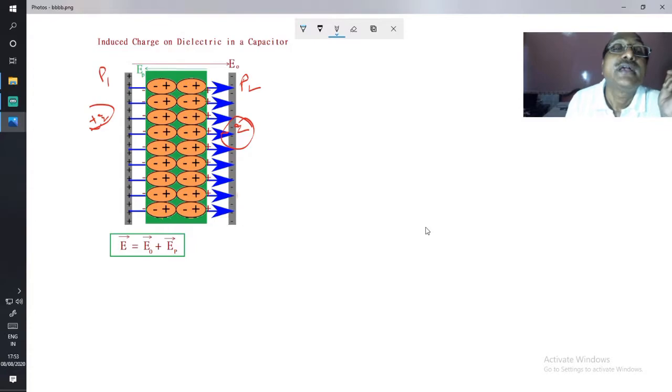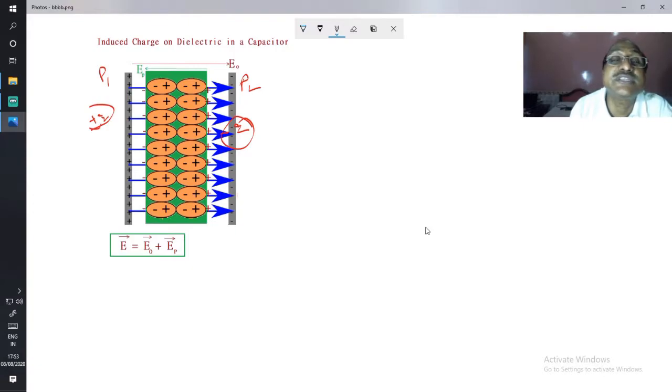Now, a dielectric slab is introduced between the two plates of the parallel plate capacitor. Now, what will happen? When this dielectric slab is absent, then between the plates P1 and P2, air is present.